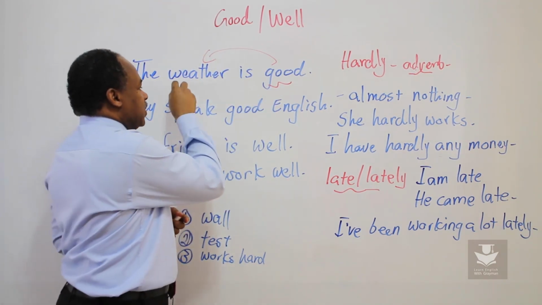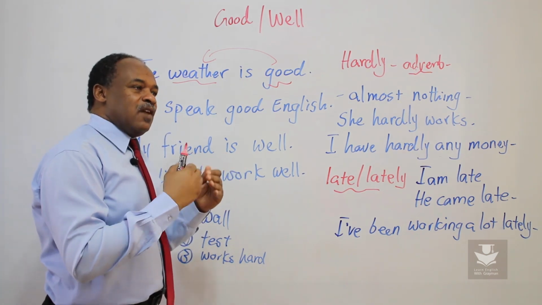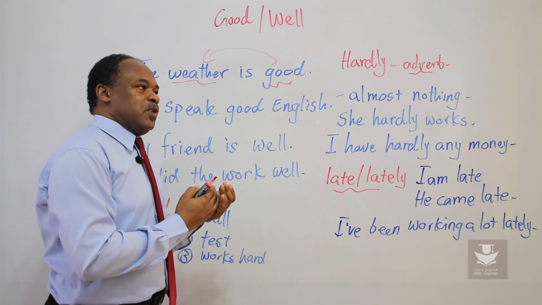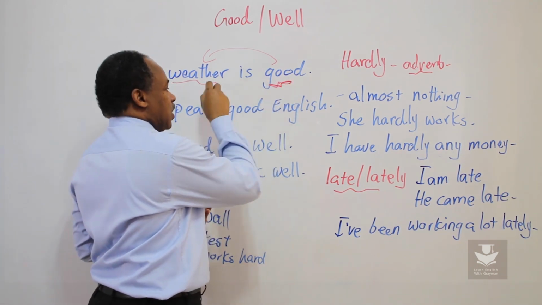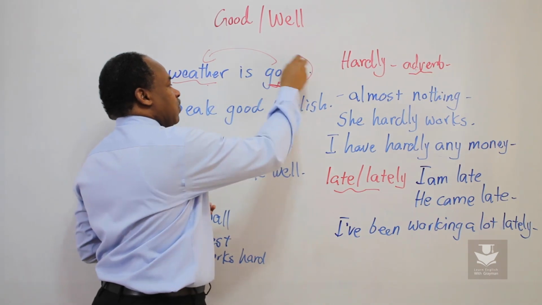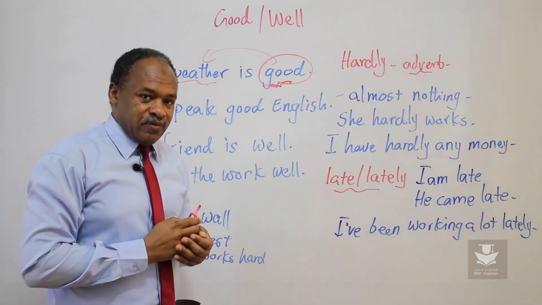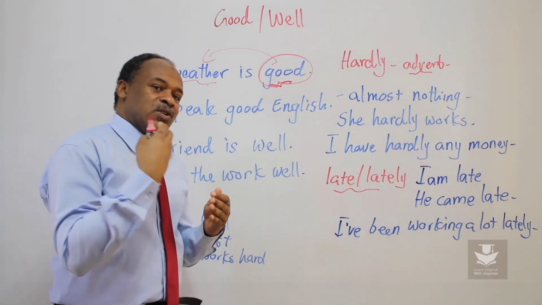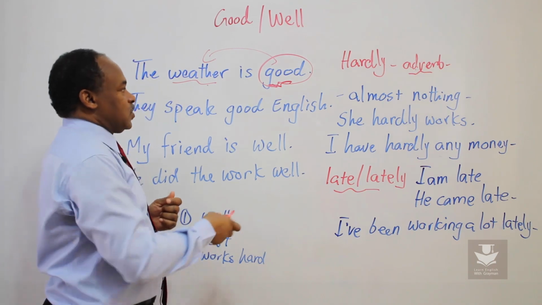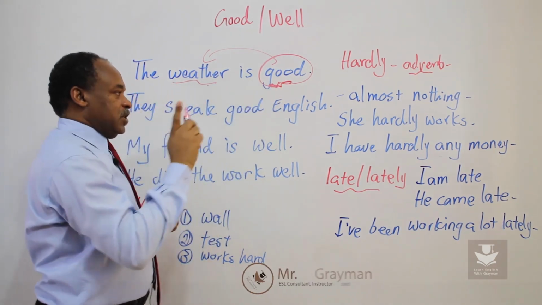So the weather is a noun. What gives us more information about the weather? The word good. So good describes weather. So when a word describes another word, we call it an adjective. It modifies, it describes the words. So good here in this sentence is an adjective.